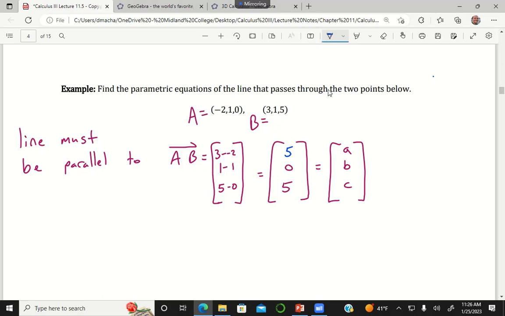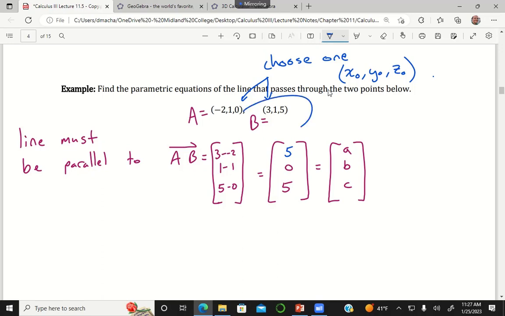Now I know my A, B, and C. I can actually choose either one of these points, and it doesn't matter which one you choose. But one of these is going to have to be my point with coordinates x0, y0, z0. It's really up to you which one we want to use.